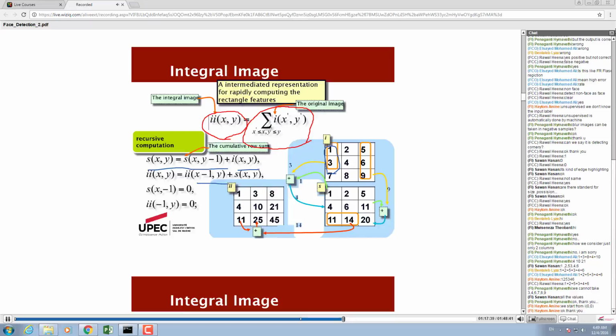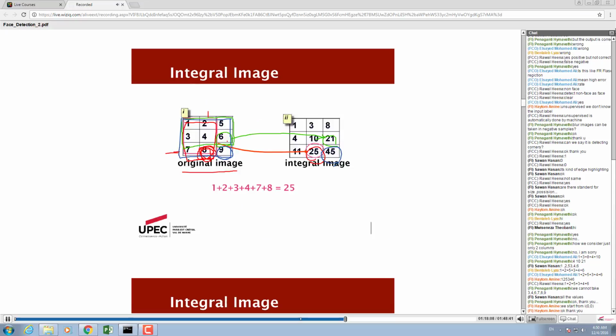So it is calculating the sum vertically first, and then ii is added horizontally. In this way, with vertical sum and horizontal sum, finally we can get ii. That is a very systematic recursive computation to calculate the integral image in practice.